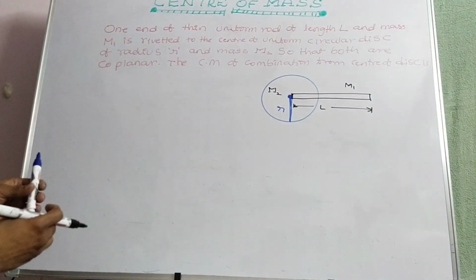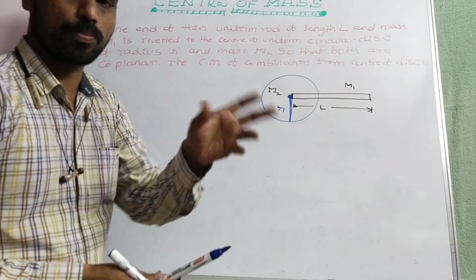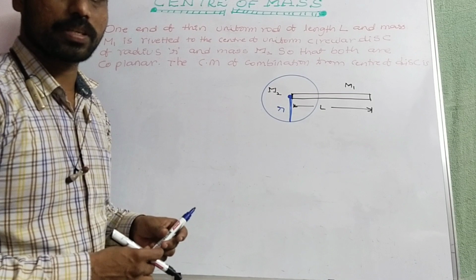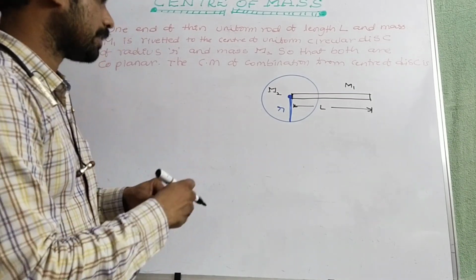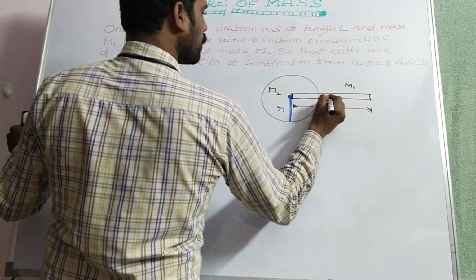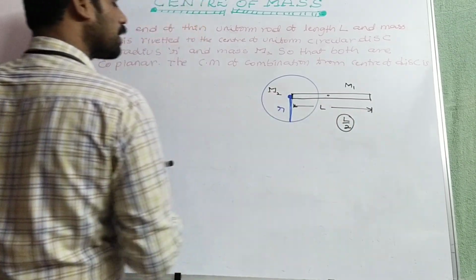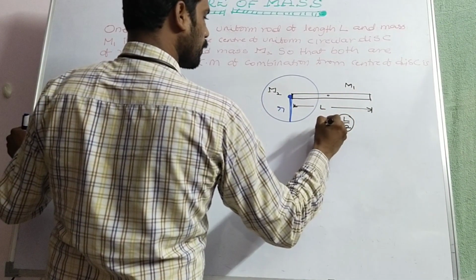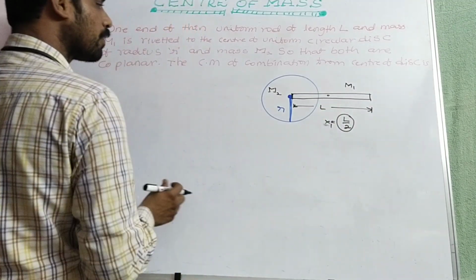For symmetric bodies, the geometrical center will be the center of mass. So for the metallic rod, where will the center of mass be? That will be at L by 2, so x1 is taken as L by 2.